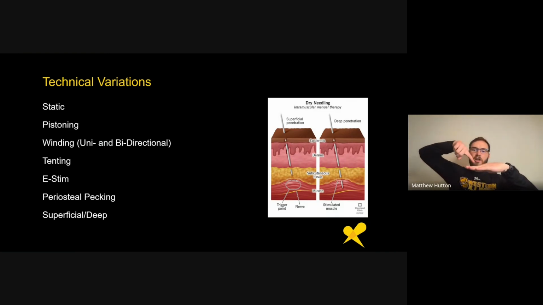But you can also change at an angle. You can go a little bit more shallow, and instead of creating vertical depth in the penetration, you can create more longitudinal penetration, and that can create a little bit more blood flow depending on the tissue.